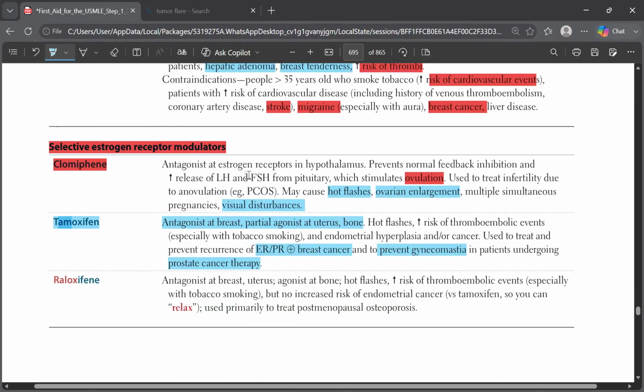So what happens here is that tamoxifen has an antagonist effect for the breast cancer, right? For the estrogen and progesterone positive breast cancer, it is going to antagonize the estrogen and progesterone receptors in the breast. But in the uterus, it is going to cause a pro-estrogenic effect, and it is going to cause endometrial hyperplasia there.